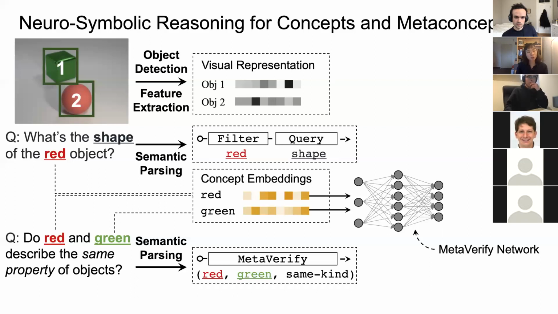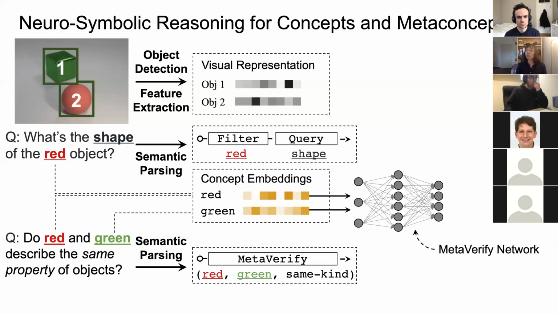In our paper, in order to enforce such a relationship like same kind or synonym, we make our visual semantic embedding space, this concept embedding space, very geometry aware.